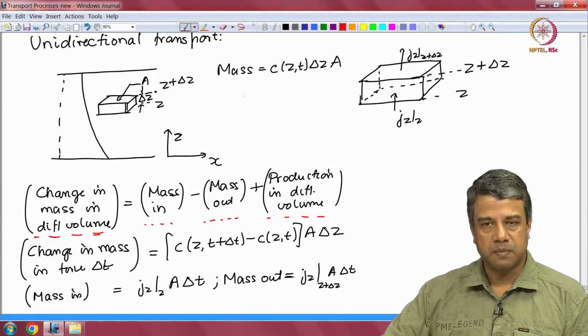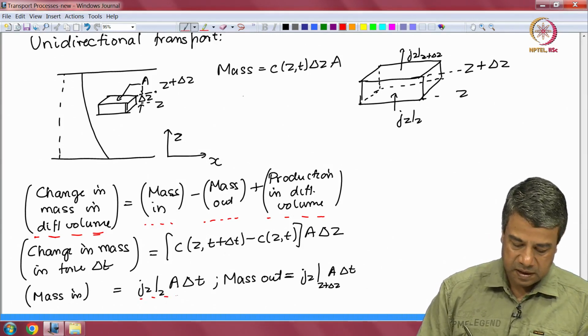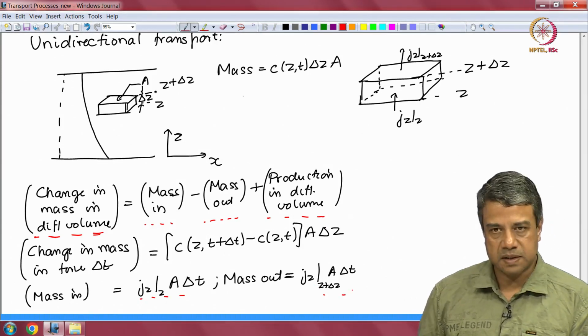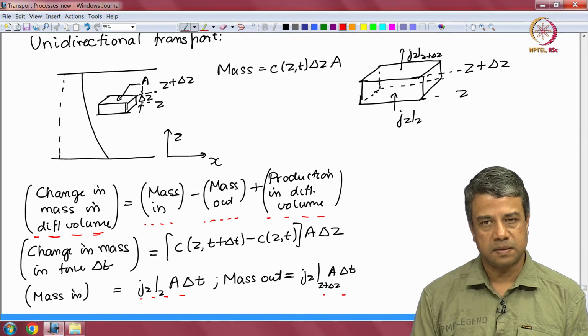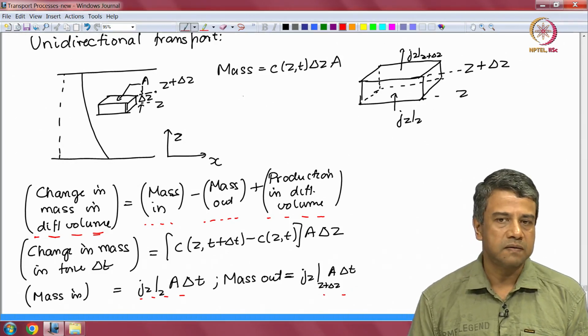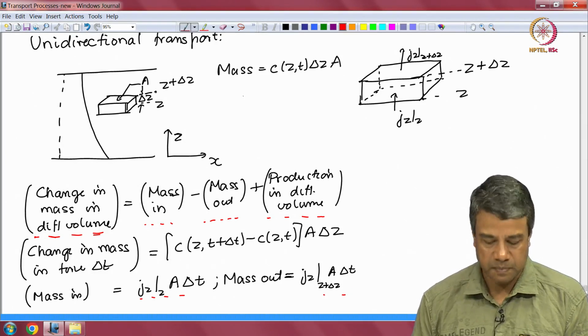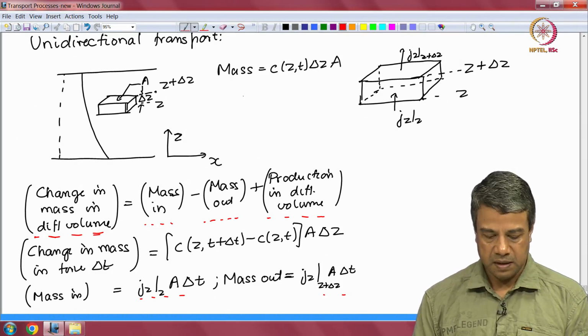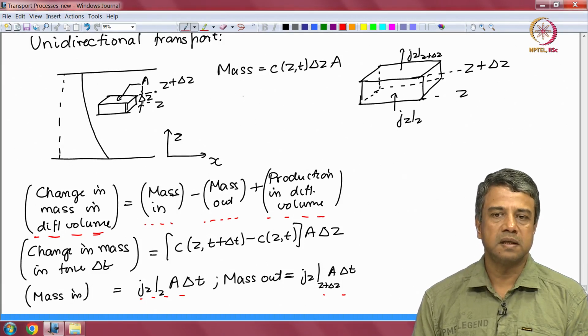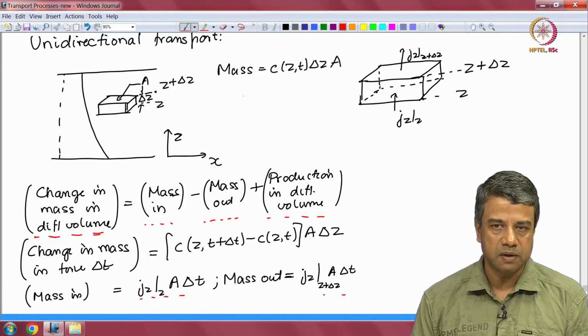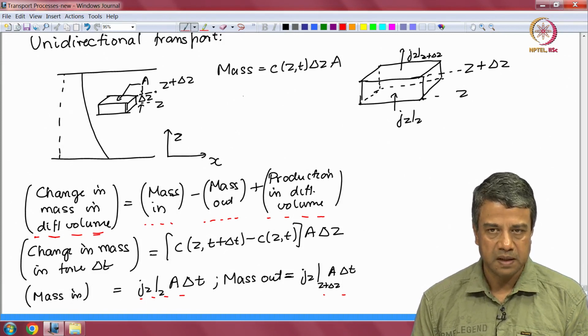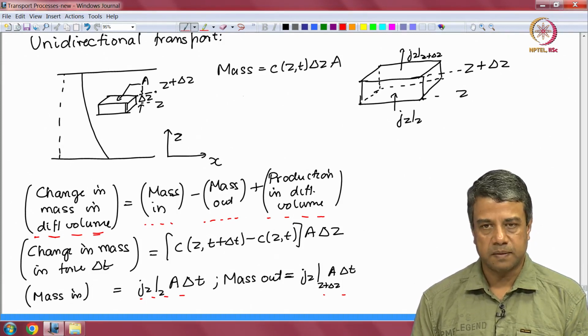So, mass in and mass out are due to the fluxes in at z and out at z plus delta z. Note that flux was defined as positive if it is in the plus z direction. The source term or the production term is basically the mass produced per unit volume per unit time by a reaction, for example.